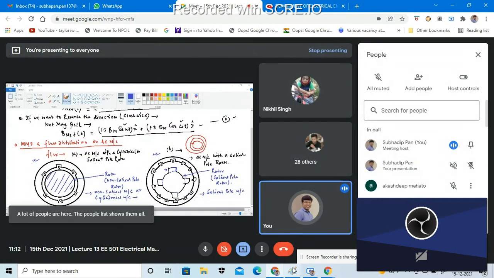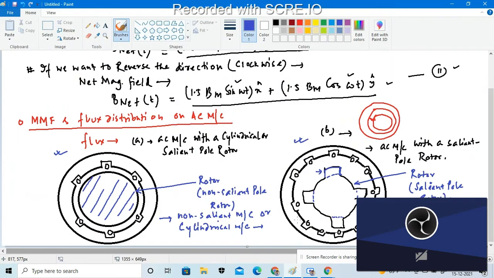So we are discussing the constructional principle, and what the mmf and flux distribution of a non-salient pole machine or cylindrical machine will be. In the next module, we will discuss salient pole machines, such as the induction motor and the synchronous motor. The induction machine is also a type of salient pole machine, having a rotor construction that is not a cylindrical surface.